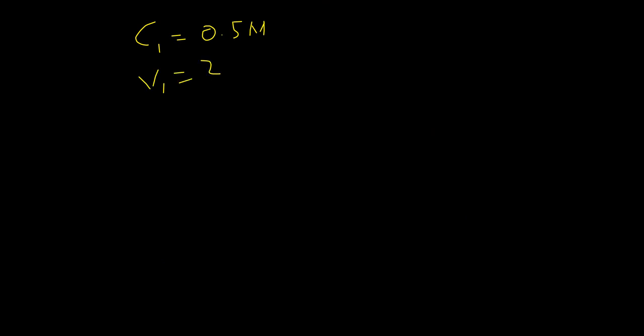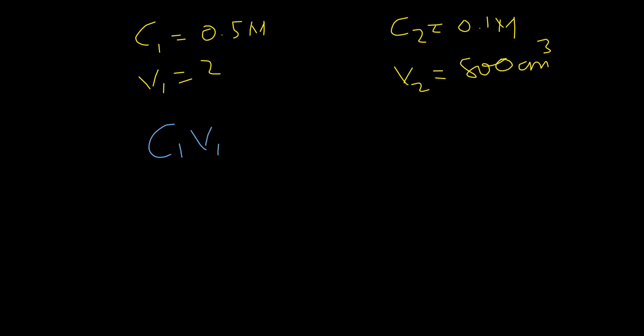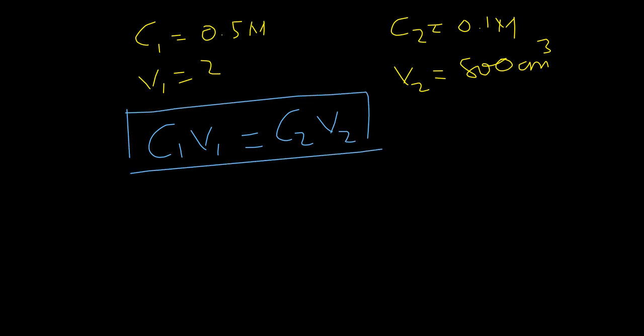C2 we are told is 0.1 molar and V2 is 800 cm cube. But we know that the dilution formula states that C1 V1 is equal to C2 V2. So with this, we'll determine the V1.